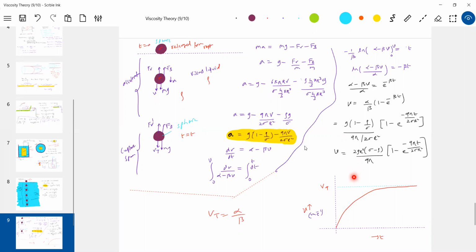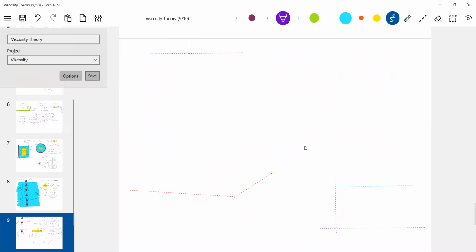Is it uniform retarding motion or variable accelerated motion? Anybody? What type of motion is it before attaining terminal velocity? Variable accelerated motion. Getting the idea now?